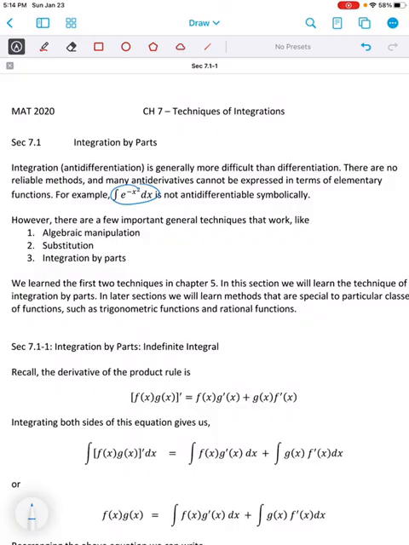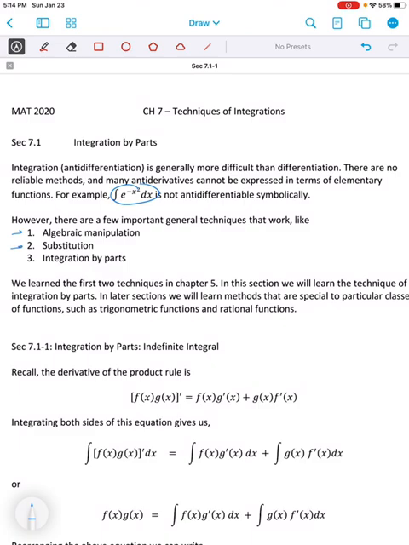But there are some techniques which work most of the time, and these are the main basic three techniques: algebraic manipulation, substitution, and integration by parts. Now, the first two we have already seen.